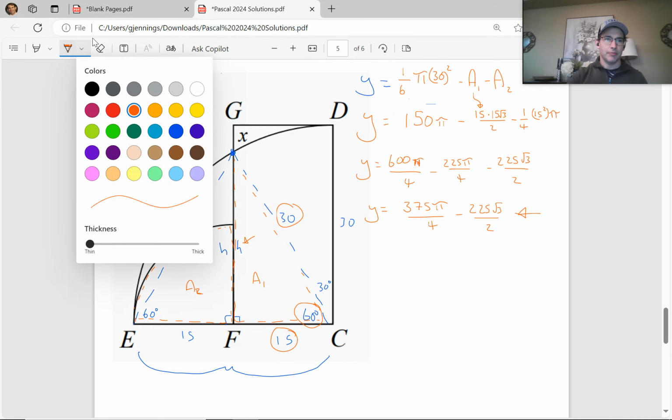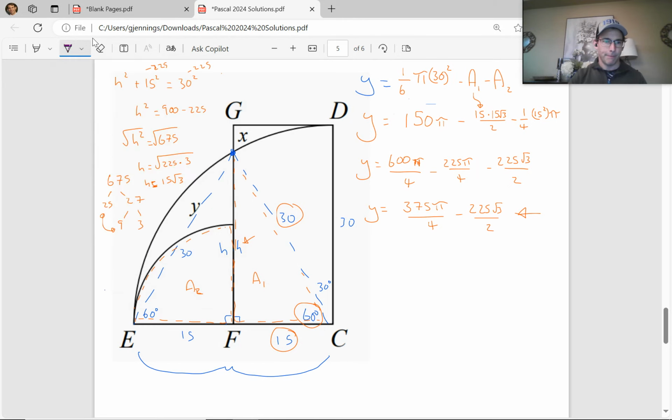Now let's do x. I'll do x in purple, because we need more purple in this game.